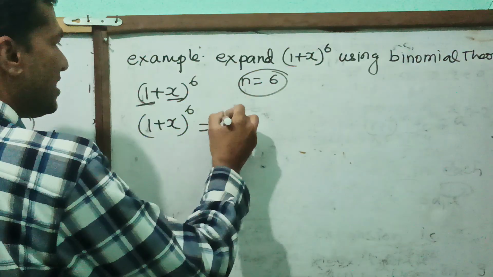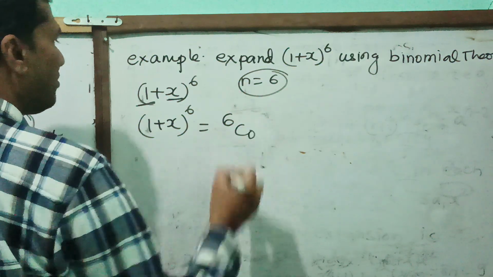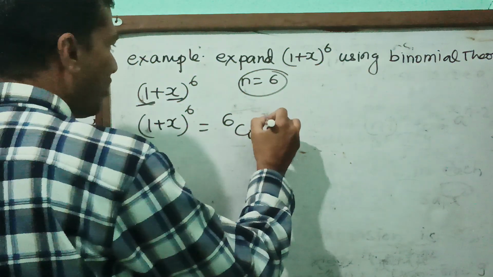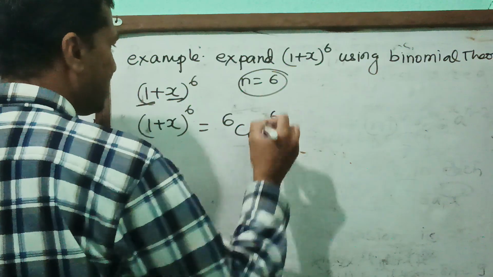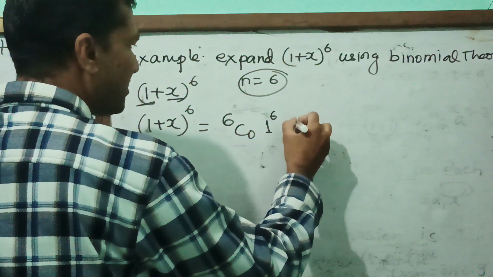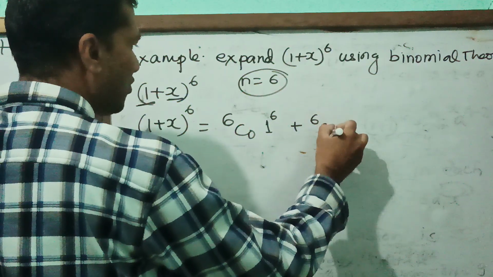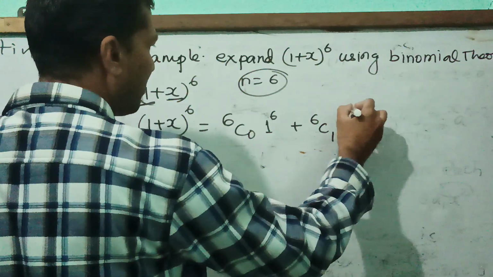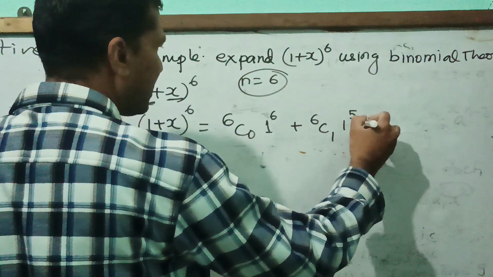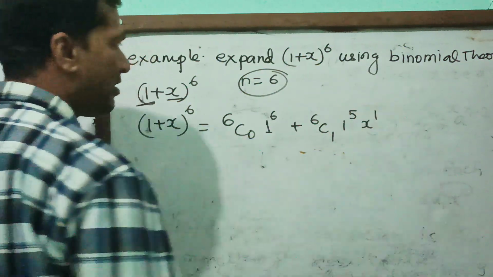The first term is 6C0 1 to the power 6. The second term is 6C1 1 to the power 5 and x to the power 1.